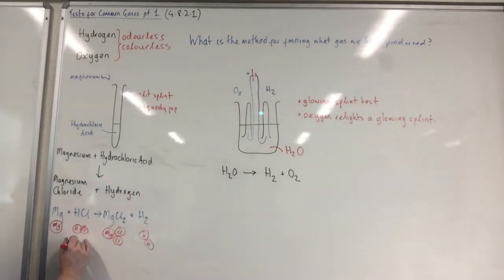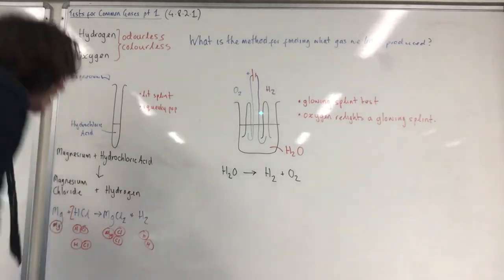So, let's up the amount of hydrochloric acid. Okay, so we've now got 2 hydrogens and we've got 2 chlorines here, we've got 2 hydrogens and 2 chlorines here, magnesium and magnesium there, that balances. So we just need to put 2 in front of that, and that balances.